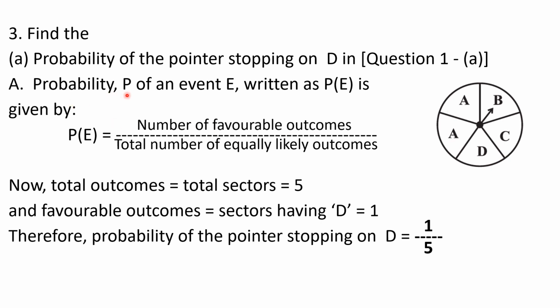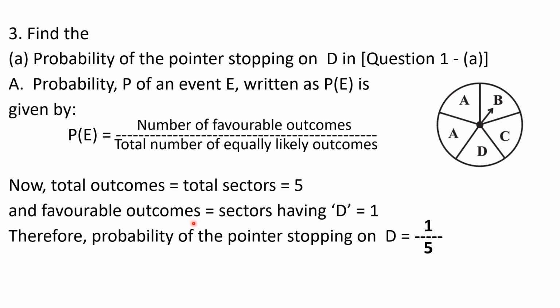So probability P of an event E, written as P(E), is given by number of favorable outcomes divided by total number of equally likely outcomes. Now total outcomes is equal to total sectors, 1, 2, 3, 4, 5. So 5 sectors are there.